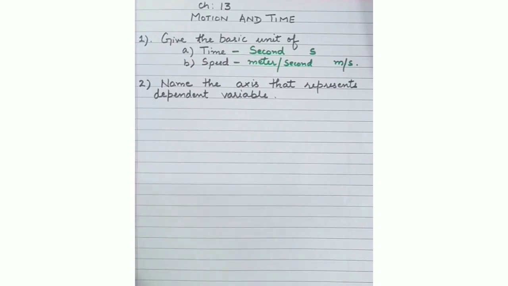Dependent variable means like light depends upon what? Sunlight depends upon what? Duration of the light particles. How much light particles are there? Reflection of light. Okay, so light depends upon reflection of itself.